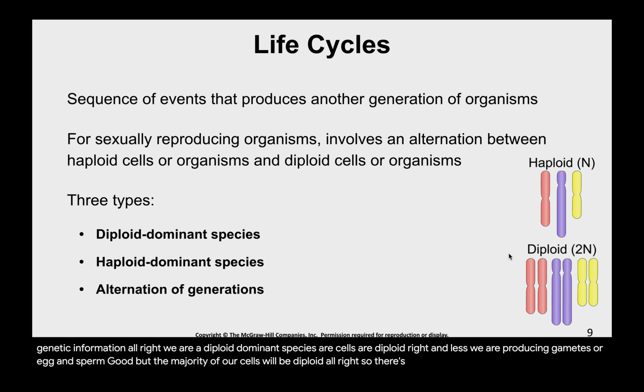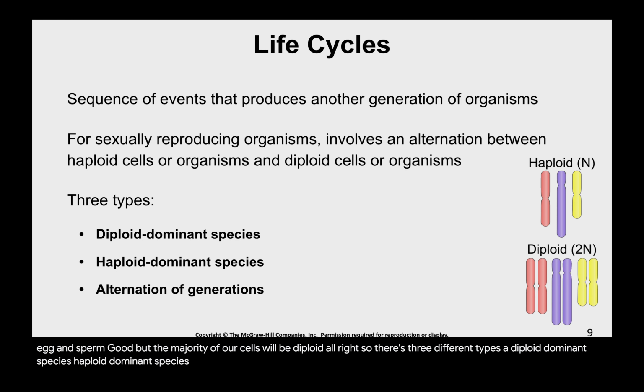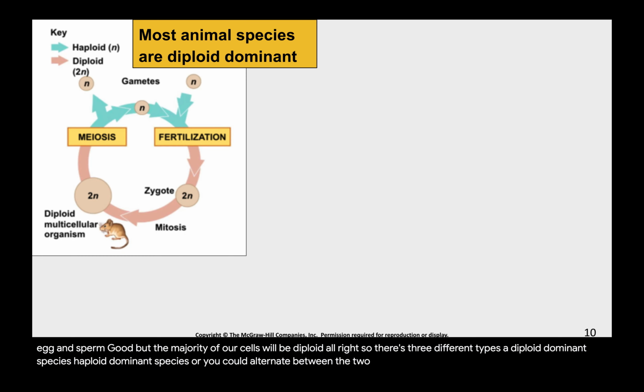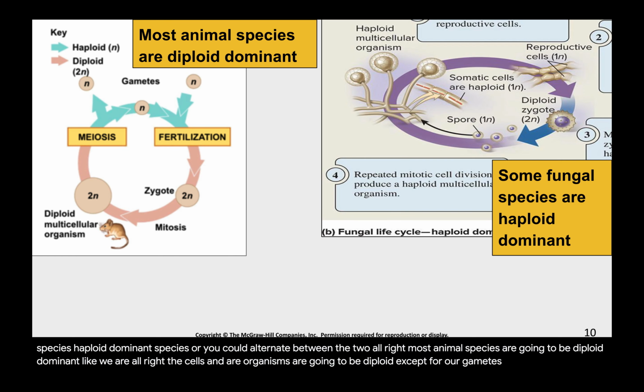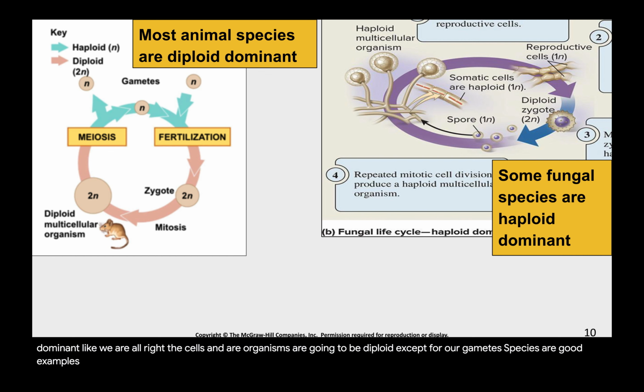All right, so there's three different types: a diploid dominant species, a haploid dominant species, or you could alternate between the two. Most animal species are going to be diploid dominant, like we are. The cells in our organisms are going to be diploid, except for our gametes. Fungal species are a good example of organisms that are haploid dominant.